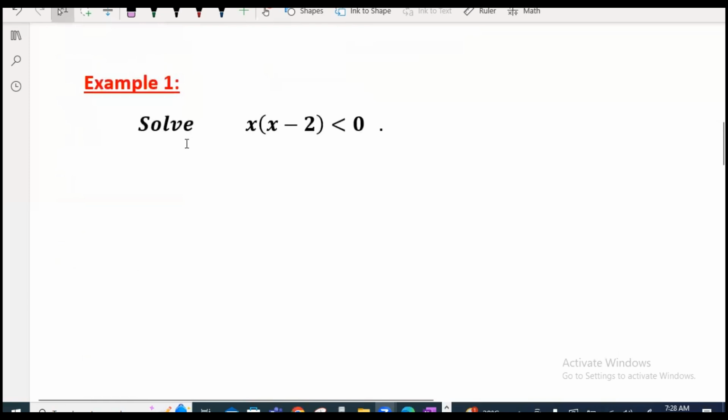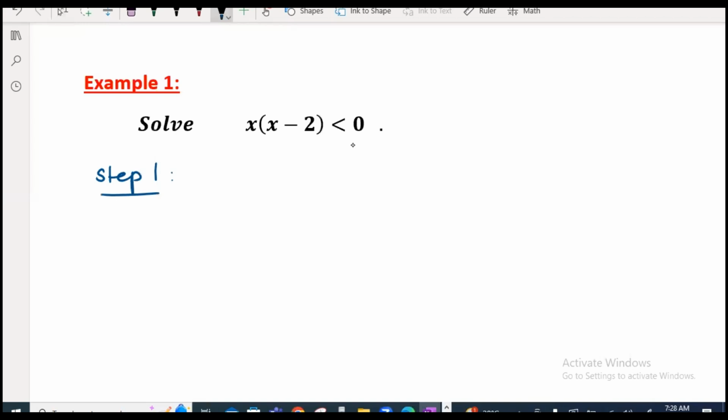So this is example number one here. Solve x bracket x minus 2 less than 0. This is an inequality here. So step number one: this is a quadratic inequality. For a quadratic inequality or quadratic function, we have to draw a parabola.